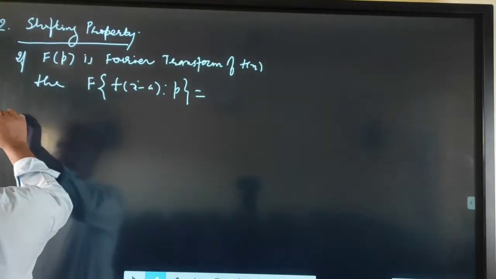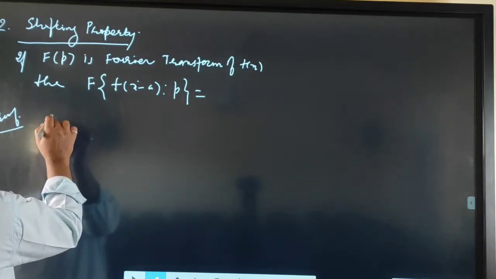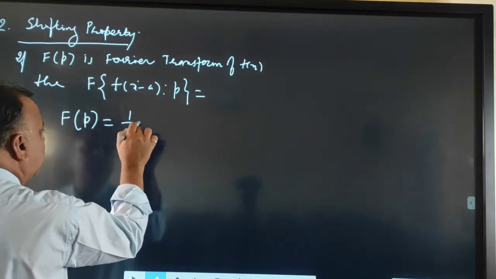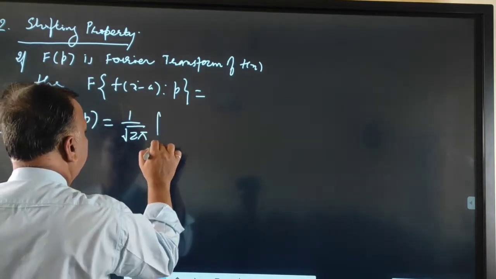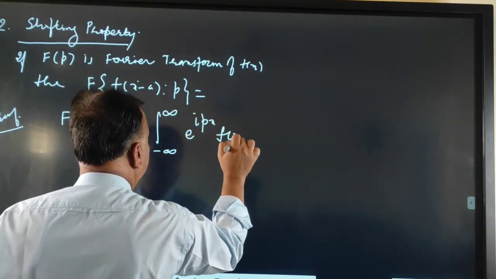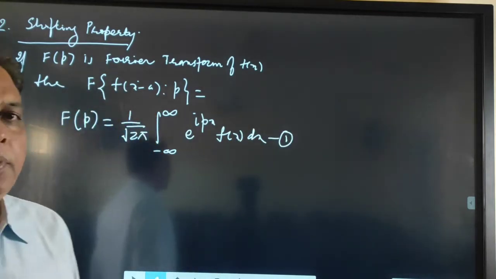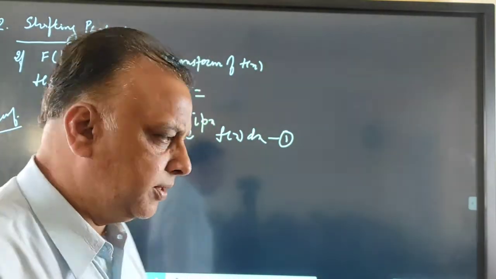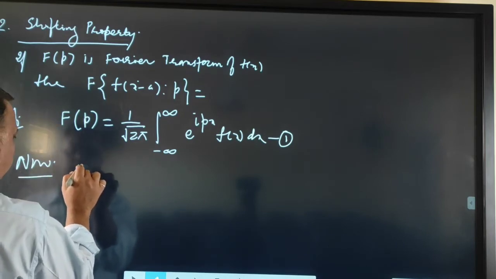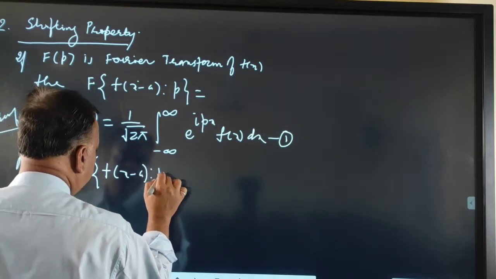The proof of this property is as follows. As we know, the Fourier transformation F(p) of a function f(x) is equal to 1 upon root 2 pi integral from minus infinity to infinity e raised to iota px f(x) dx. Now we have to find the Fourier transformation of f(x minus a) with respect to parameter p.